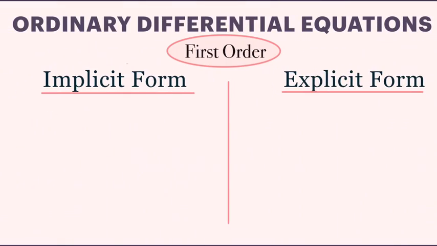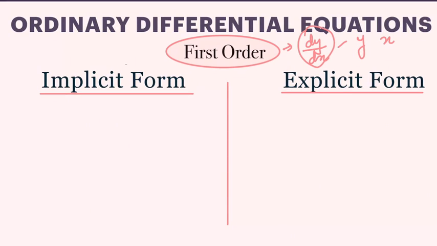Let us move on to the implicit and the explicit forms of first order differential equations. First order differential equations are equations with only the first order derivative of the dependent variable. That is, the equation would include only dy by dx, y, and x.